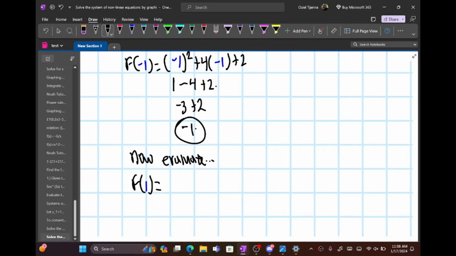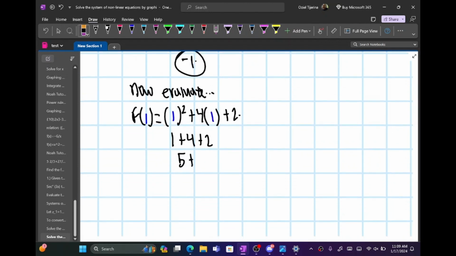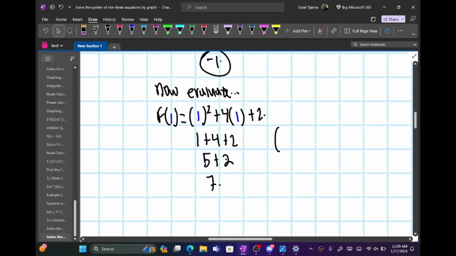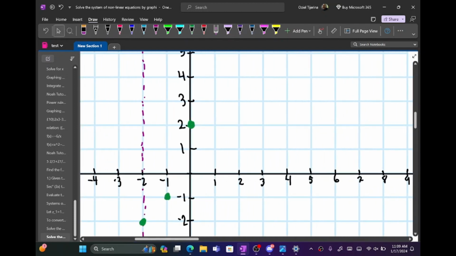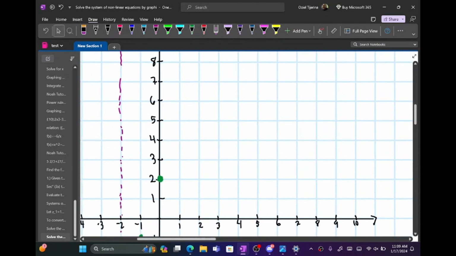So f of 1 equals the quantity 1 squared plus 4 times 1 plus 2, which equals 1 plus 4 plus 2, which equals 7. So when x equals 1, y equals 7. So you want to plot the point 1, comma 7. Let's plot it right here, all the way over here.